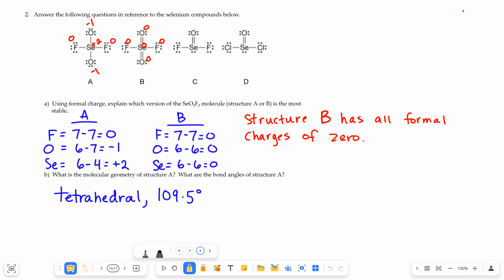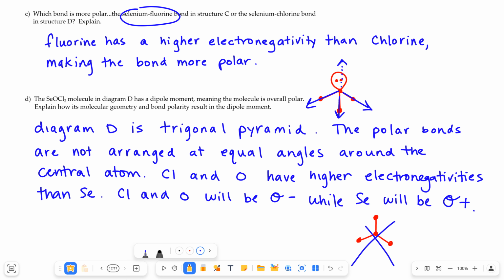I've got 2 chlorine and an oxygen, where the oxygen might pull even more than the chlorine, because the oxygen has a higher electronegativity. But we are mainly looking for the fact that this trigonal pyramid shape is not going to give me a nice symmetrical distribution of atoms around the center. So because my bonds are polar, those bond polarities will not cancel, and I'm going to get regions of charge.